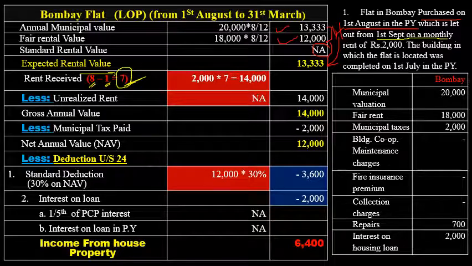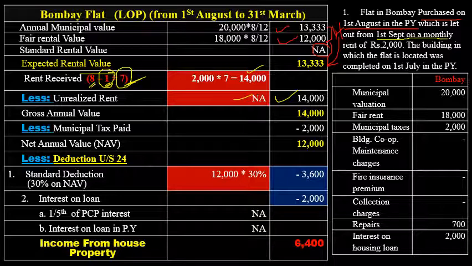So 2,000 into 7 months, 14,000 is the rent received. That 1 month, the August month, is considered as a vacancy. The unoccupied month is considered as a vacancy period. Next is unrealized rent. No unrealized rent here. So after considering vacancy period and unrealized rent, the total rent received for the let out duration is 14,000.